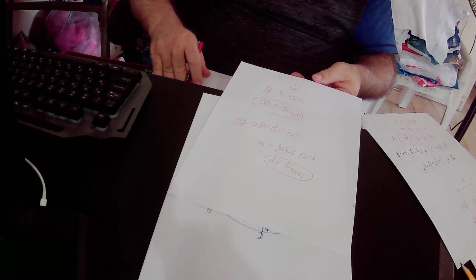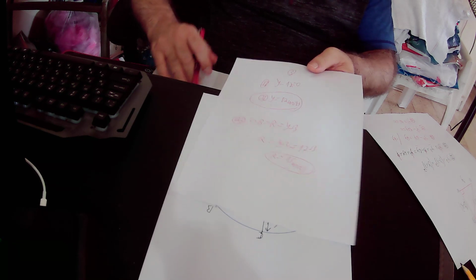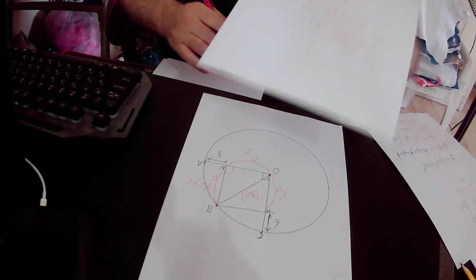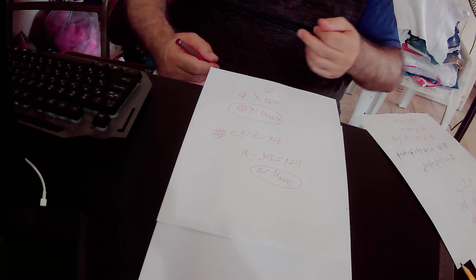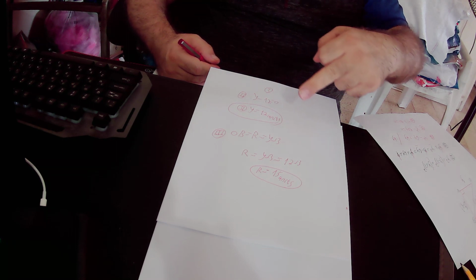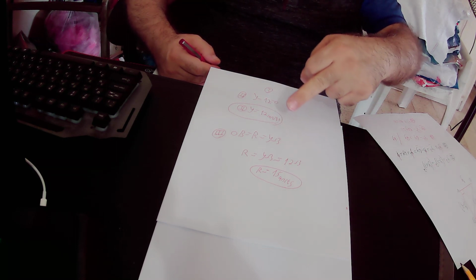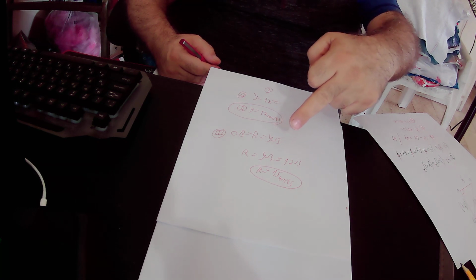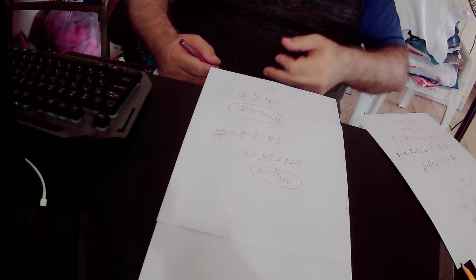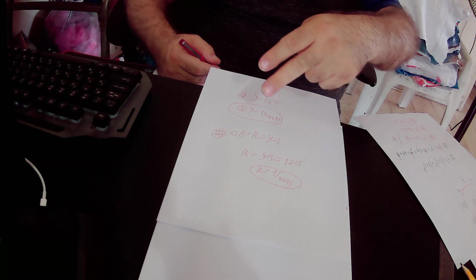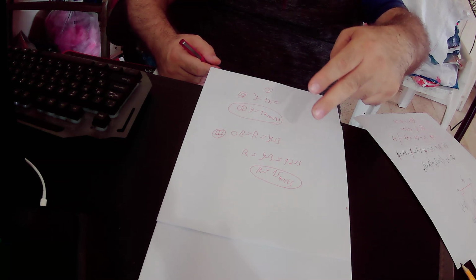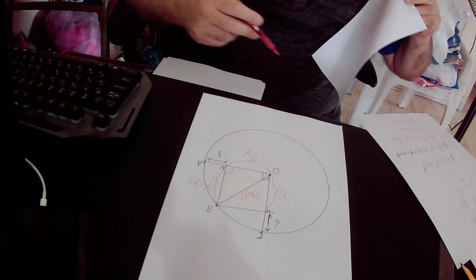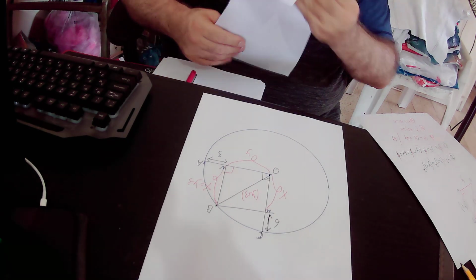The radius of the circle is OB, and OB equals to y plus 3, and we found out that y equals to 12 units, so the radius of this circle equals to 15 units.